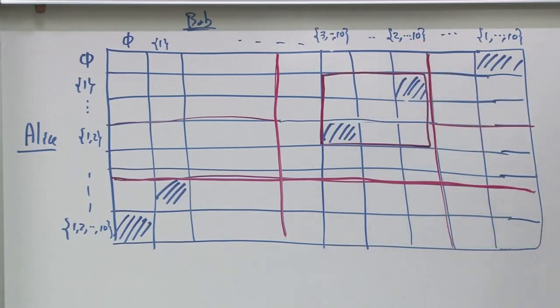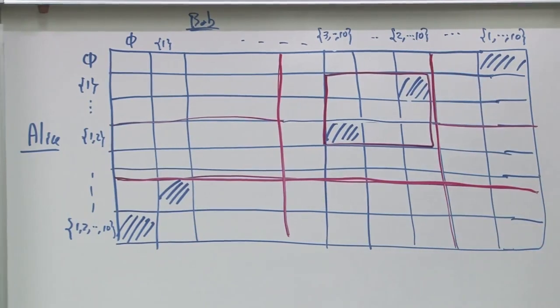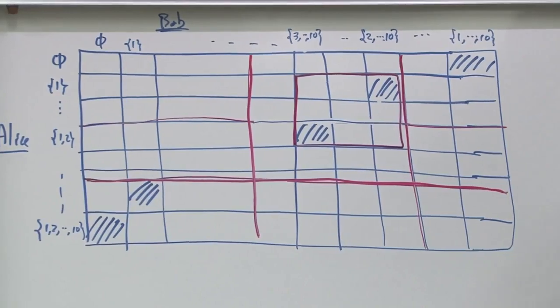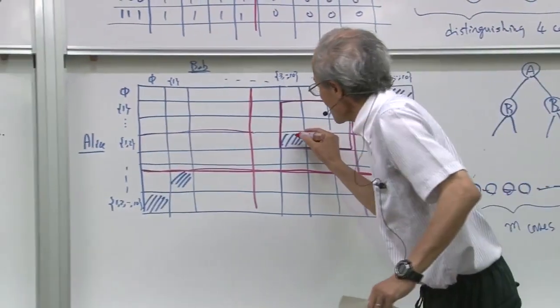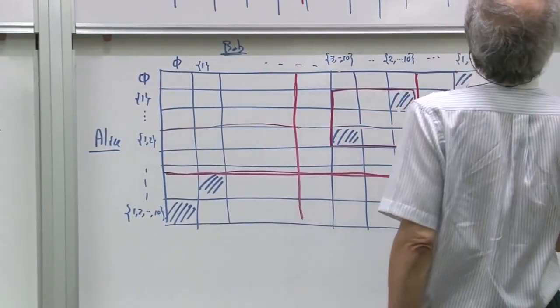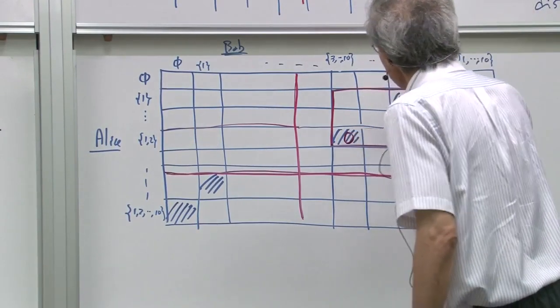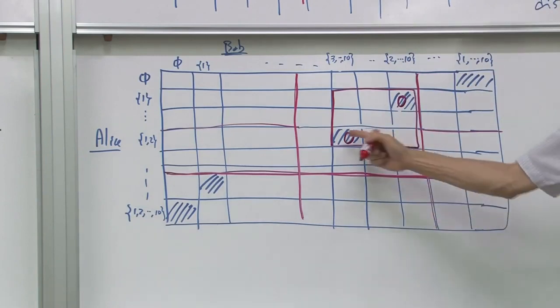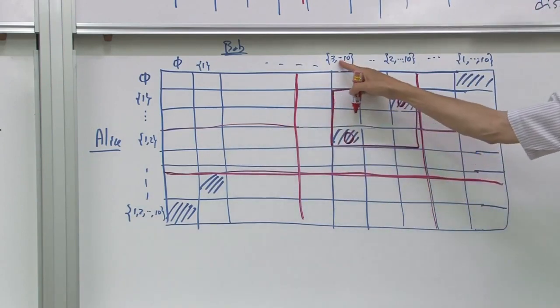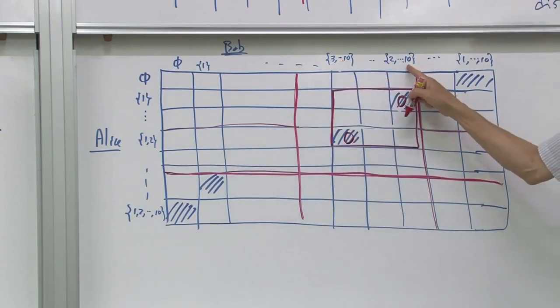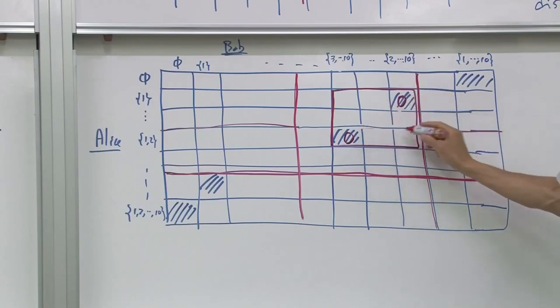This cannot happen. Why? Because the answer is 0. Because this is Alice's set and this is the complement, Alice's set complement. So the answer is 0. What is the answer here? This is 1.